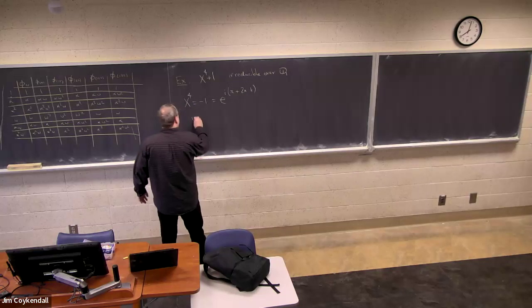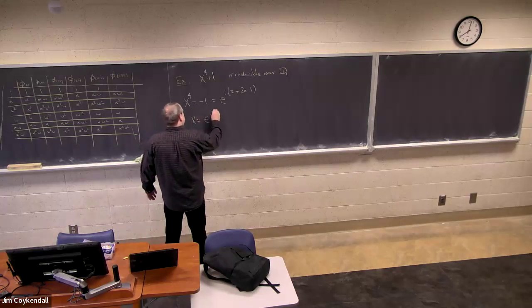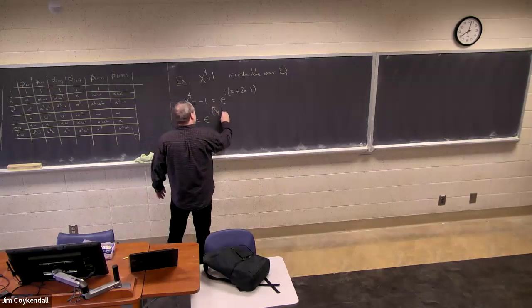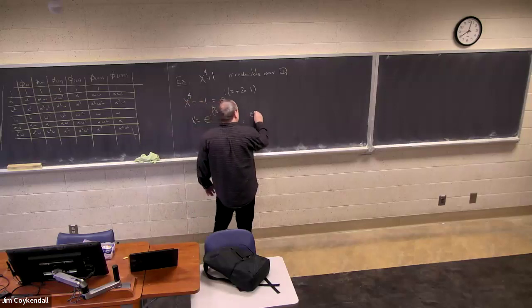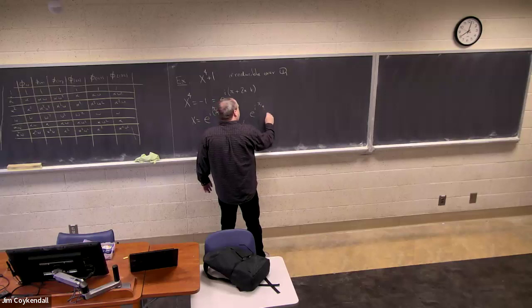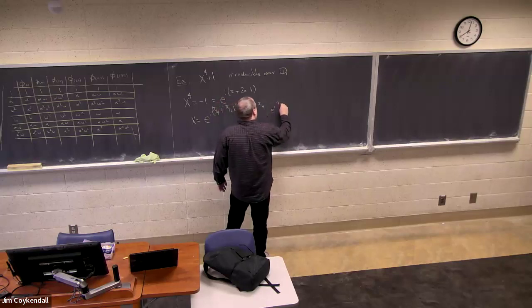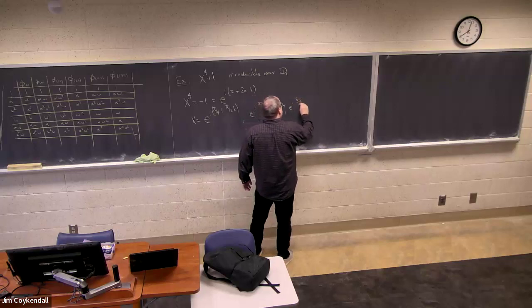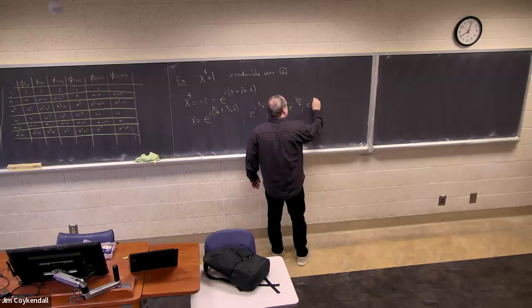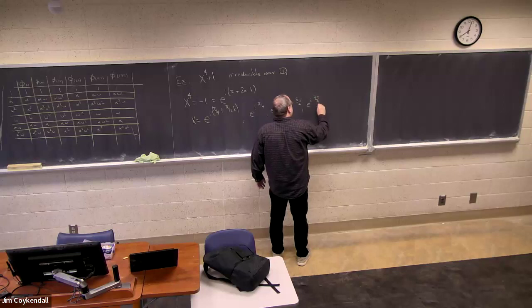So I get these roots, e to the I pi over 4, e to the I 3 pi over 4, e to the I 5 pi over 4, and e to the I 7 pi over 4.